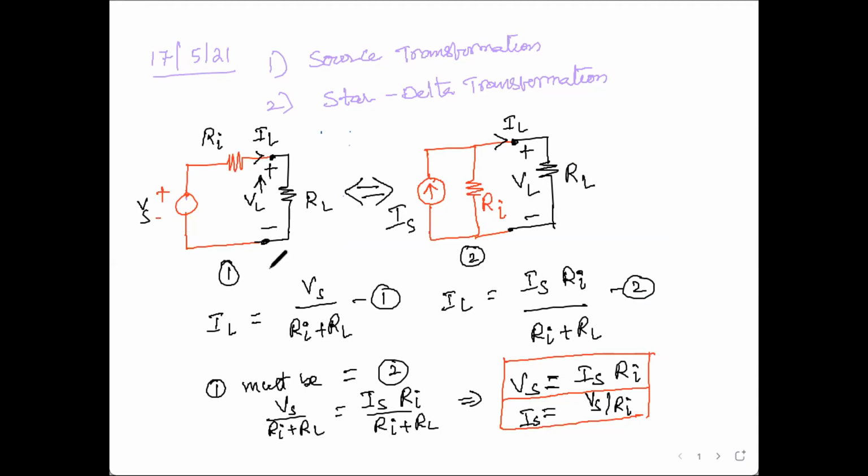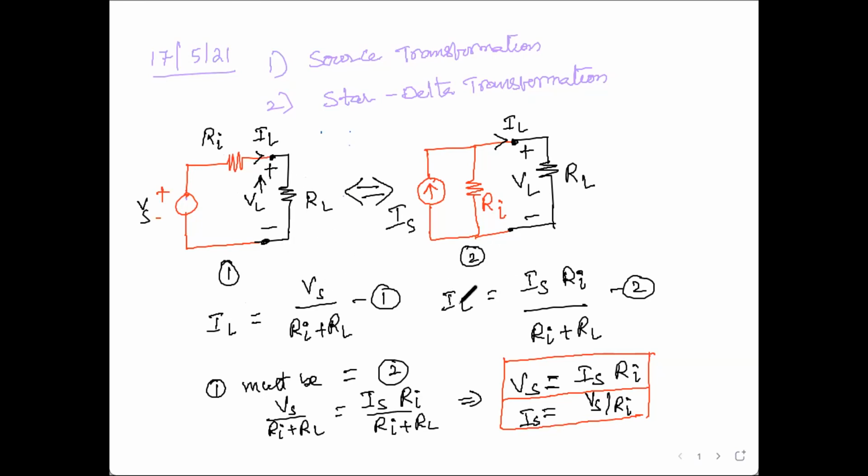For that, the condition we have derived. In the left side source, what is the load current? IL is equal to Vs by total resistance, that is Ri plus RL. That is equation 1.